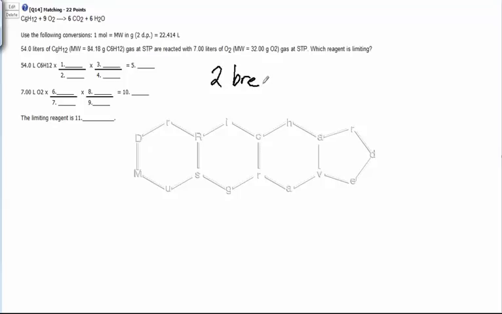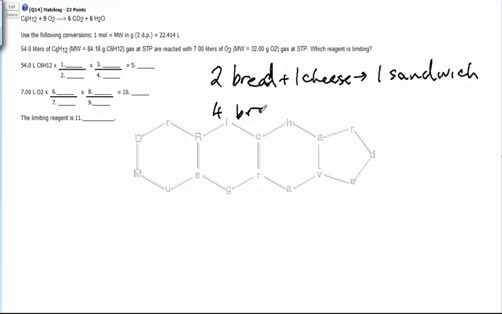So let's say you had 2 bread and 1 cheese, and that would give you 1 sandwich. And if we started out with 4 bread and 5 cheese, you could see that the most we could end up with here is 2 sandwiches.